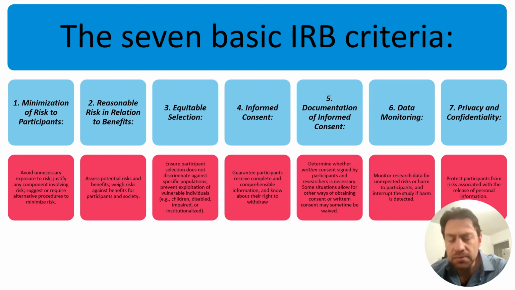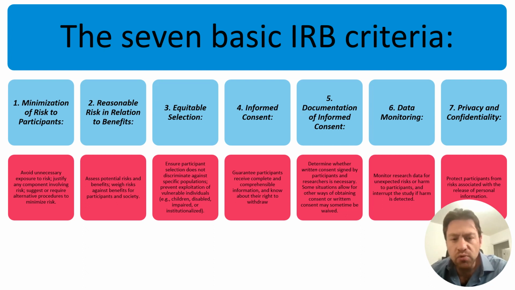So we'll just go through these. One is minimizing the risk to the participants. So you have to avoid unnecessary exposure to risk. You have to justify any component of your study that is potentially risky. And you have to explore alternative and less risky methods if they are available.